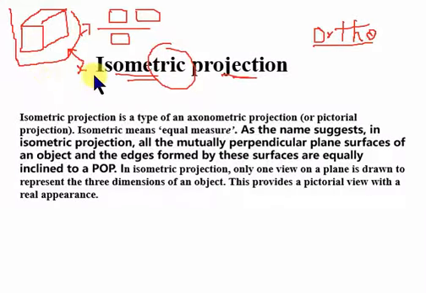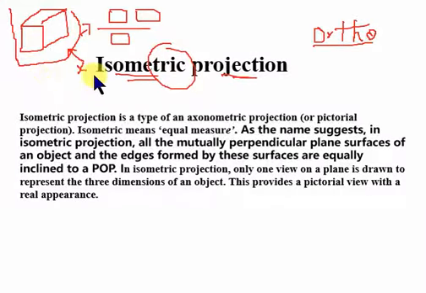The lines which form the axis points, we call isometric axes. And the plane which is forming right here is called an isometric plane. This is an isometric plane, this is an isometric plane, and this is an isometric plane. So these are all isometric planes which we must know.